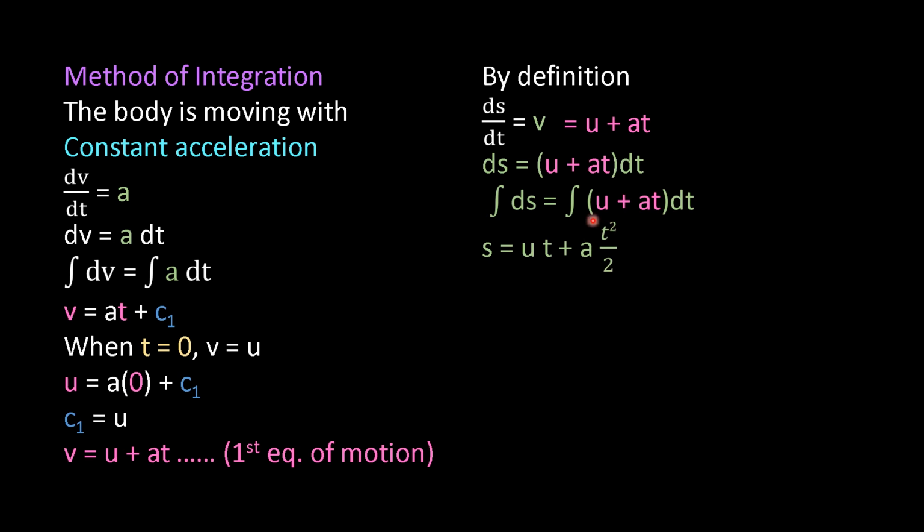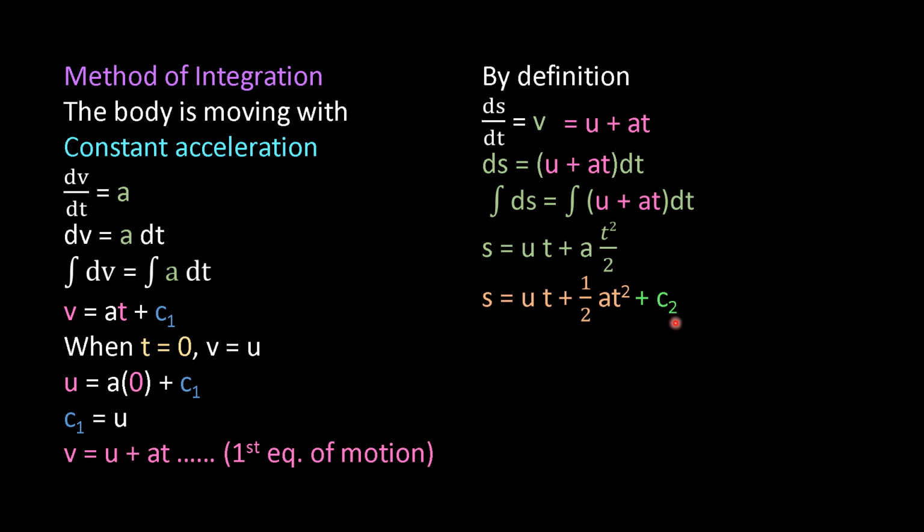Integral of u will be ut, because u is constant, plus integral of at will be a times integral of t, which is t square by 2. Here acceleration a is constant, that is s equals ut plus half at square plus c2, which is the constant of integration.